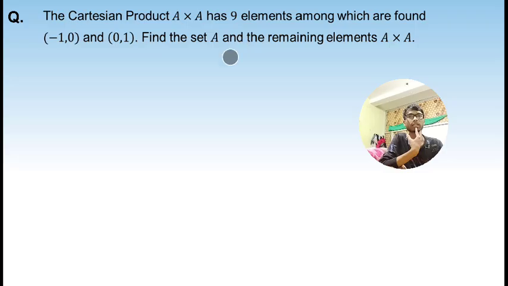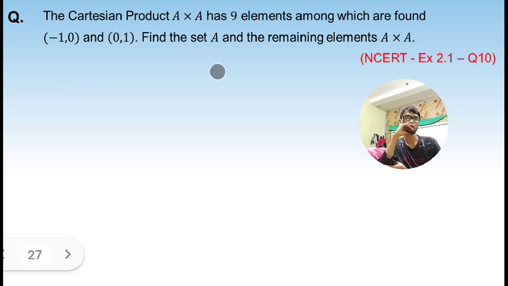Now we are saying there are a total of 9 elements, so apart from these, we are left with 7 more elements.